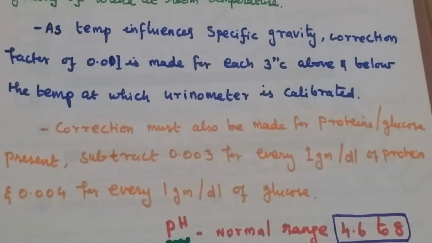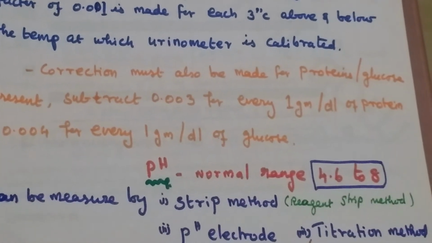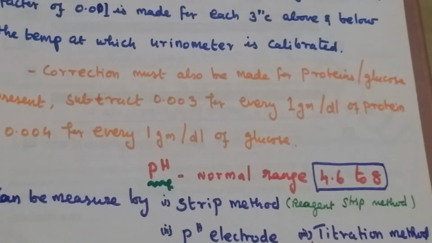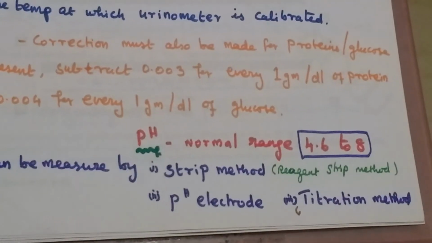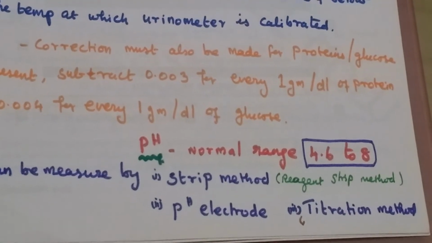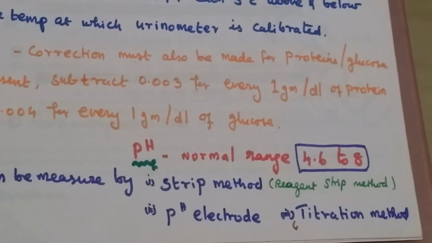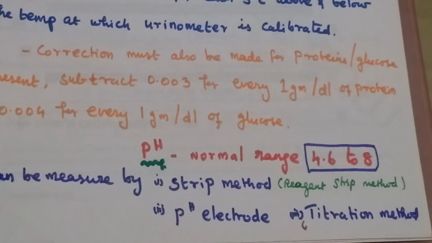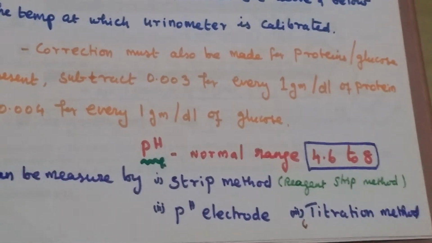Now going to pH. What is the pH? The range of pH is 4.6 to 8. It can be measured by 3 different methods: reagent strip method, pH electrode and titration method.